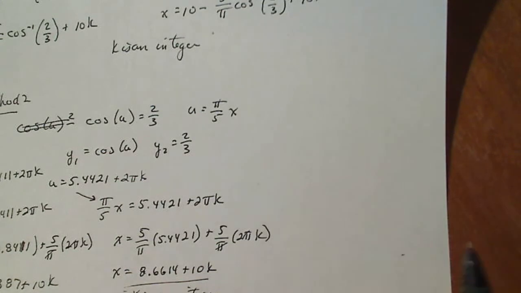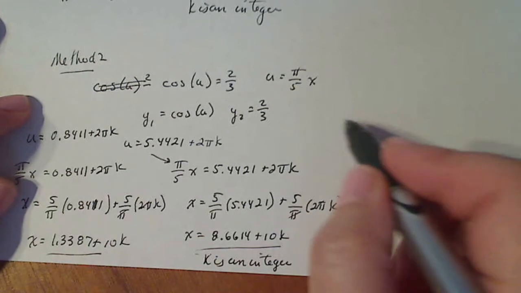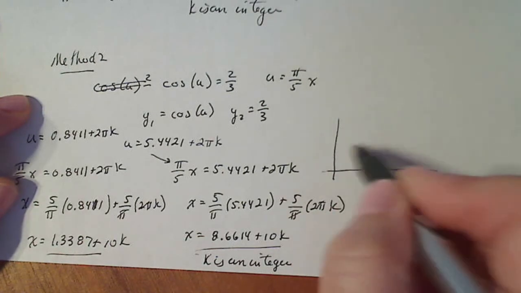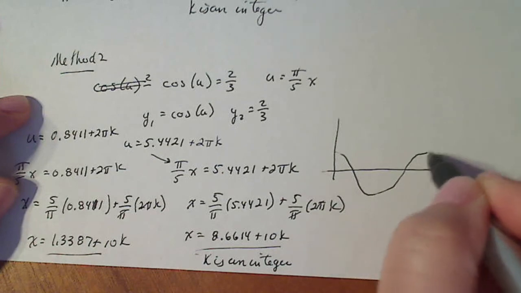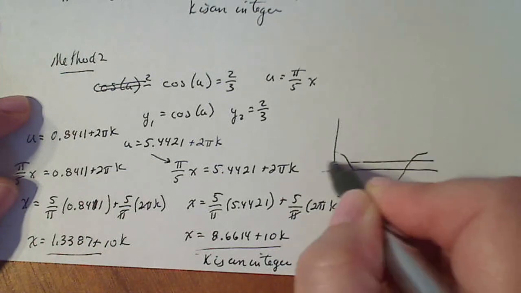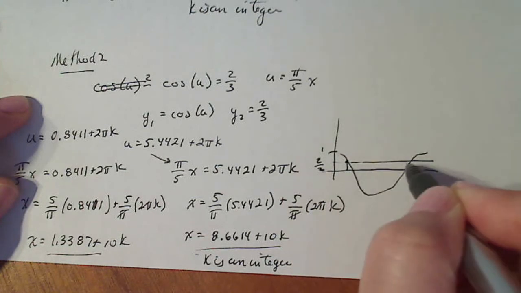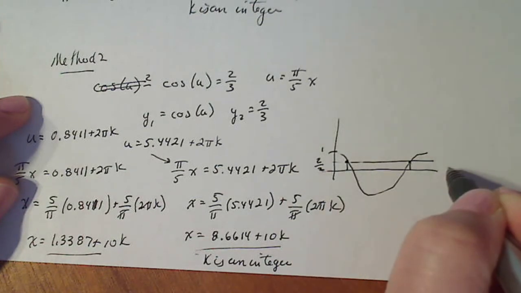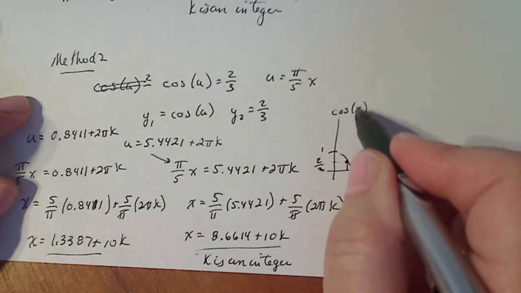So you can use either method. You can use the method where you have a graph that you should knowingly sketch. Here's a line 2/3. That's 1. You need to mark these points where they're at when you put this on your paper. So this is x and this is cosine of x, or u, I guess, technically speaking.